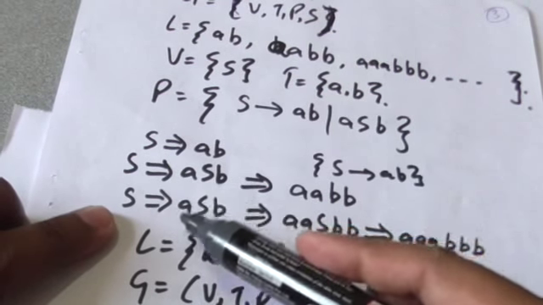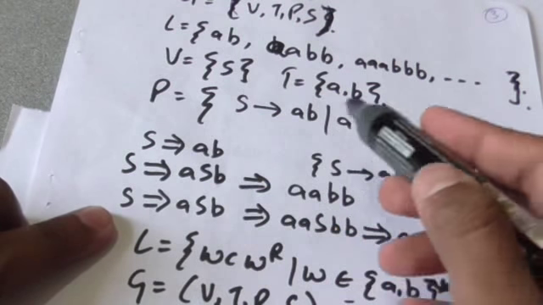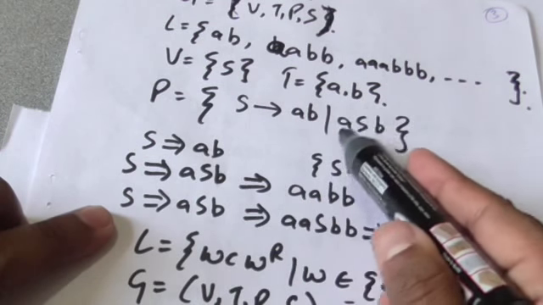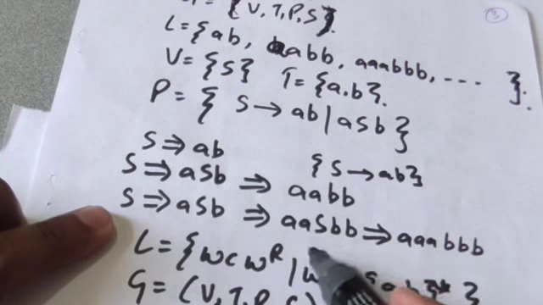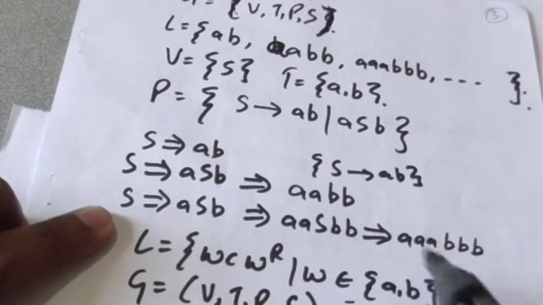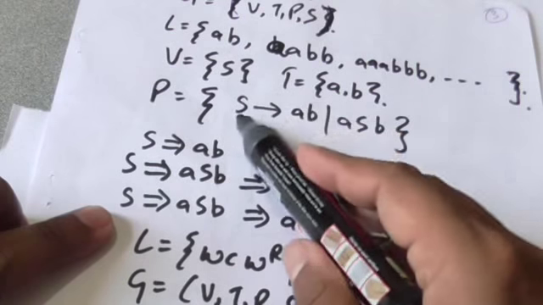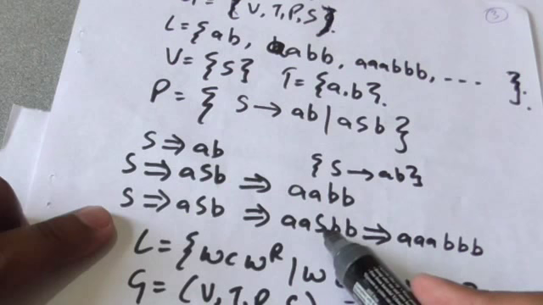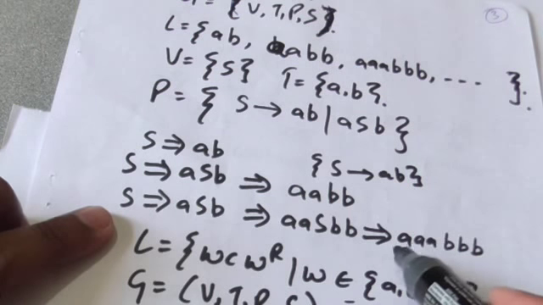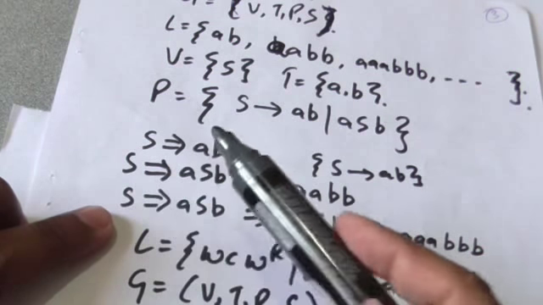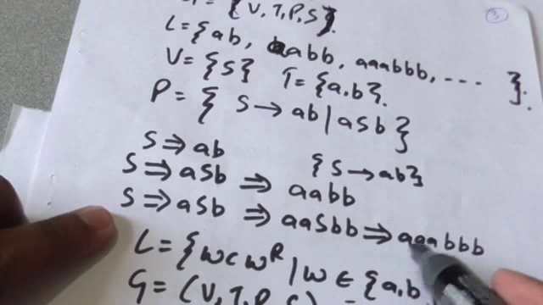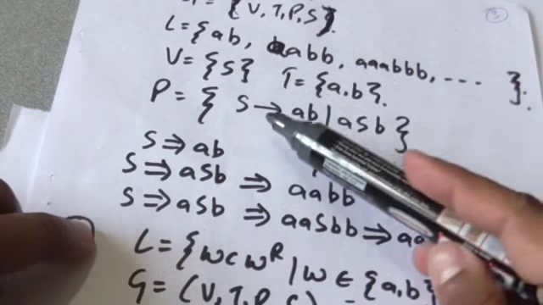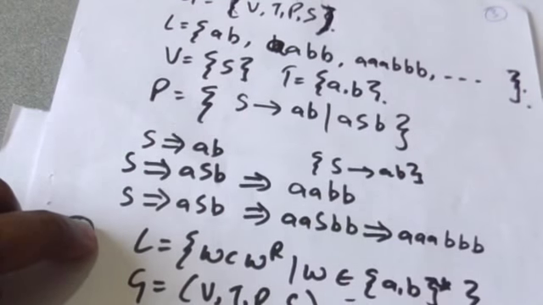So S is replaced by aSb. Now again we have applied the production S derives aSb. So this S is replaced by aSb. Now here we have applied the production S derives AB. So this S has been replaced by AB. So in this way we derived this string from start symbol S by applying the production rules of P.